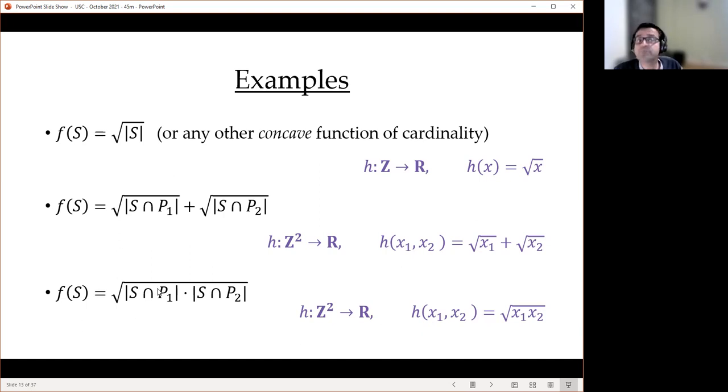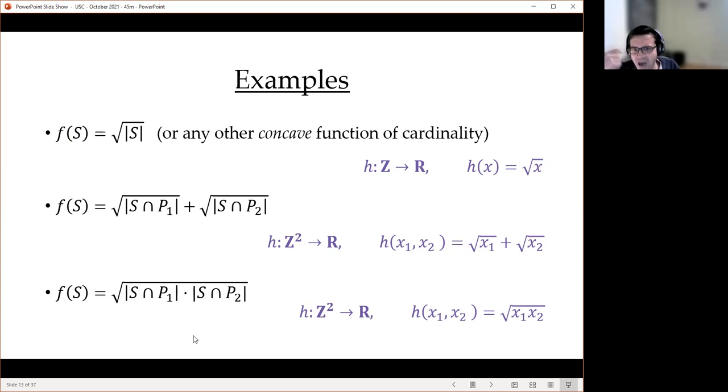Okay, but there could be many such other examples. Again, there is a partition, and the number of parts is r, and the function value on a set just looks at how many elements it takes from each part, and it's a function of that. So if r, the number of parts, is 1, then it's just a function of the cardinality. Otherwise, it's a function of how the set falls across the different parts.